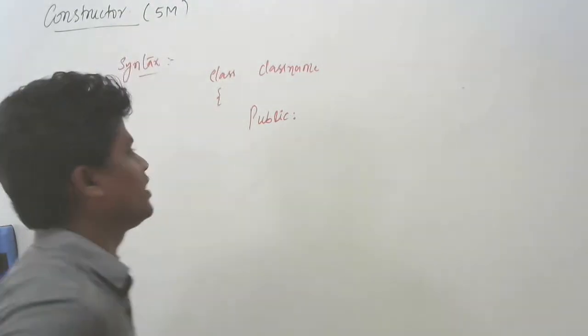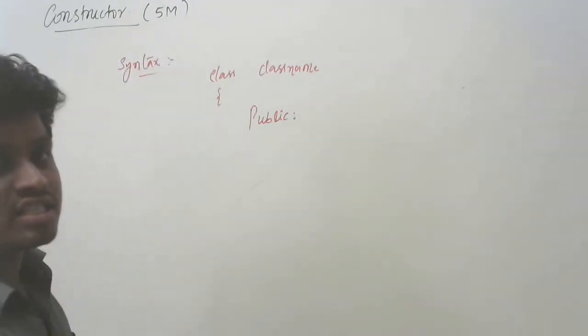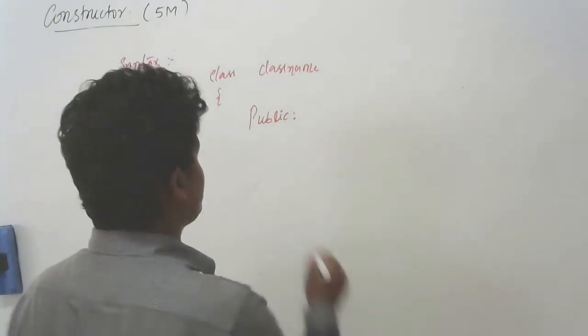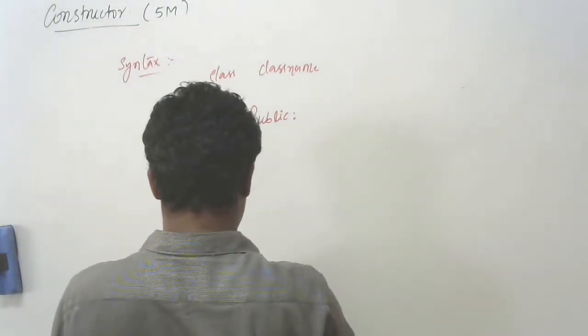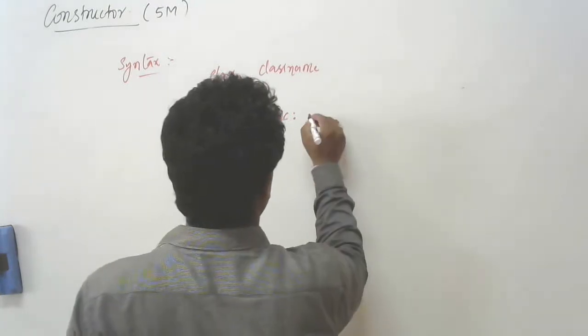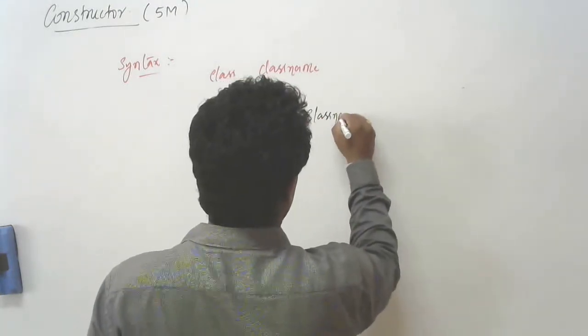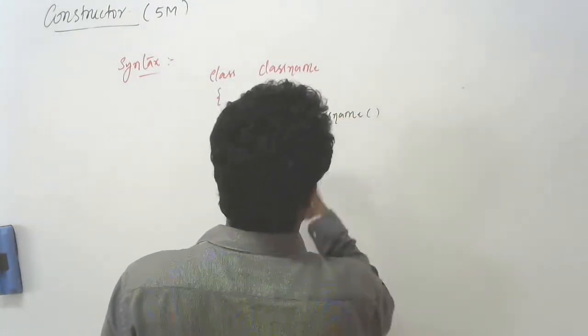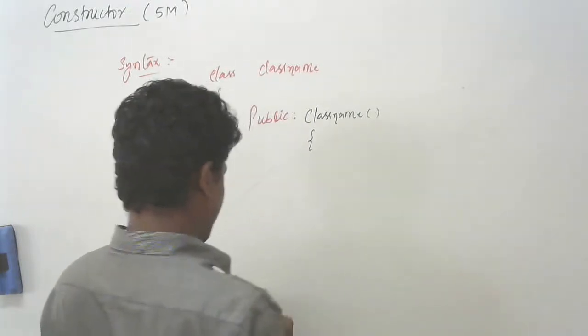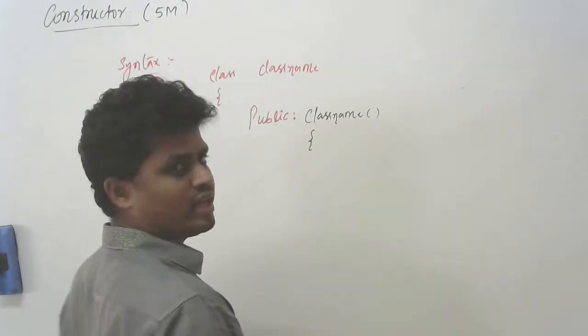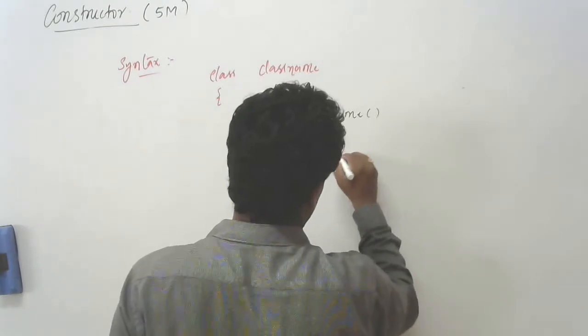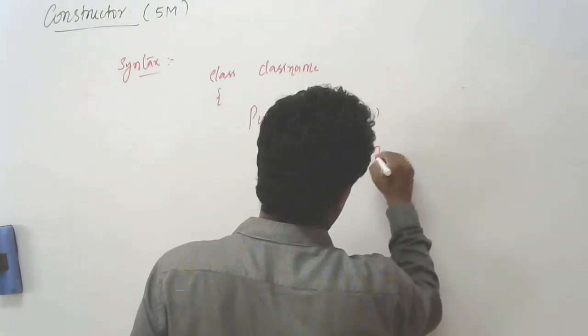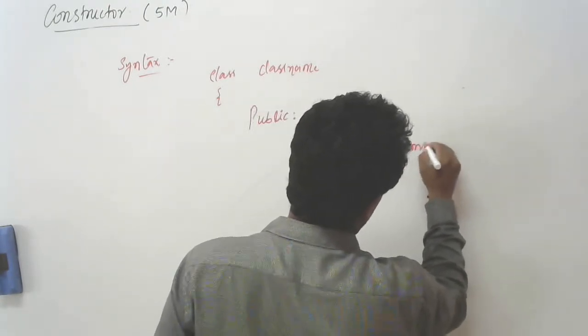Now, the constructor name and the class name are supposed to be the same, so in the same manner I write the class name, and open the flower bracket. Here I will write the body of the constructor.